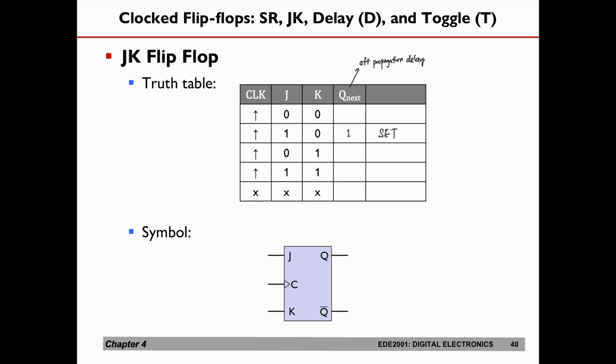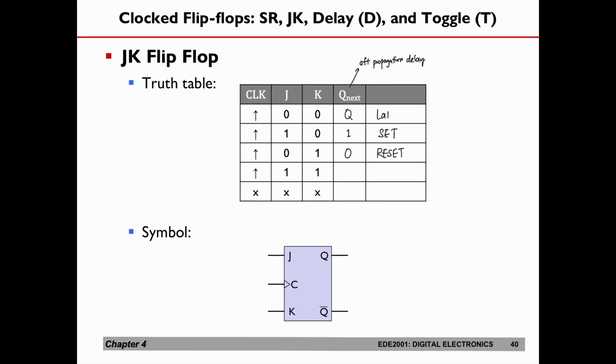And when J equals 0 and K equals 1 on the positive going transition, your Q is going to become 0 right after a short propagation delay. So this is the reset mode. Now if J is 0, K equals 0, the next Q will just be equal to the previous Q, right?